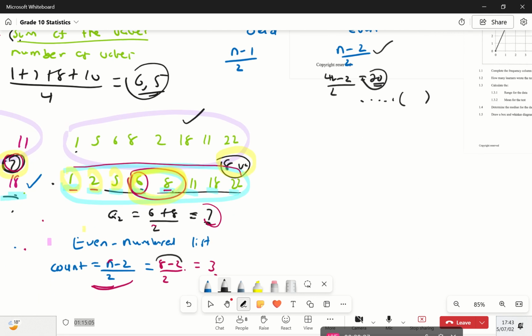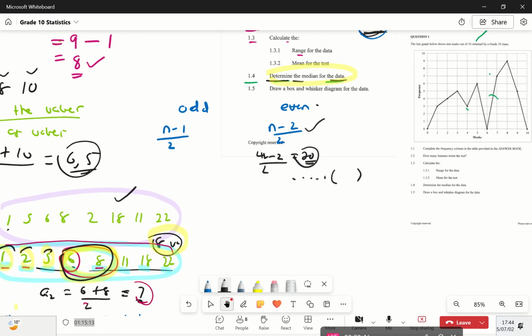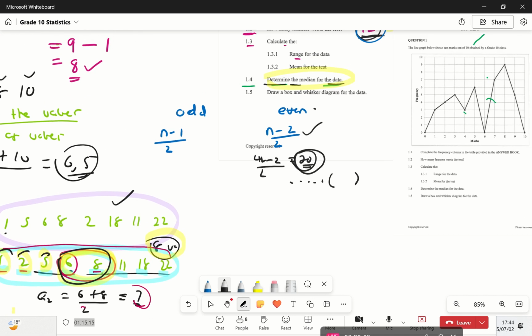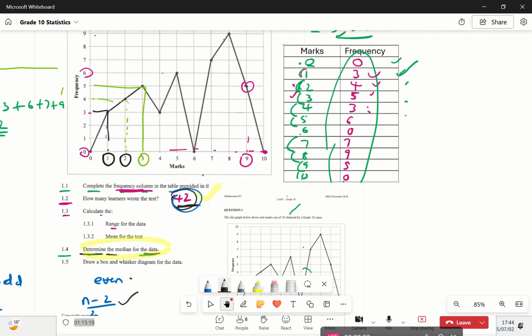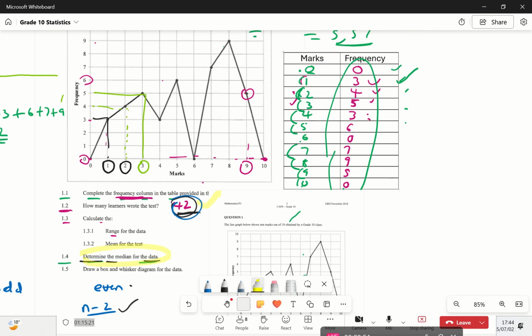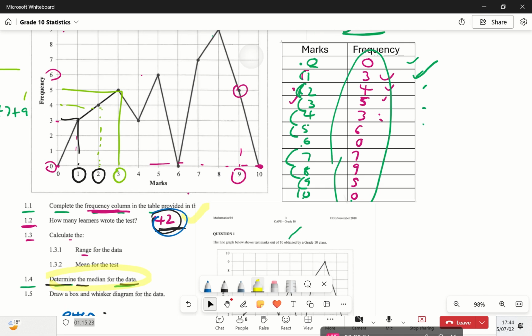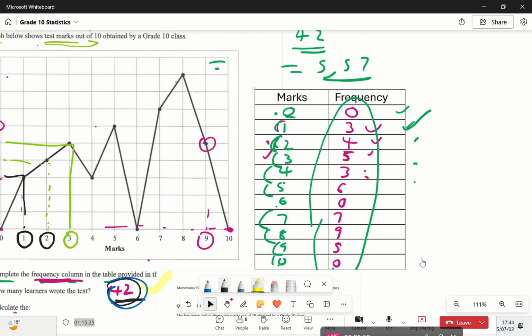The same way, when we applied this formula earlier, we got an answer of 3. We counted 3 times, 1, 2, 3, and then the next 2 numbers are our median values. So now let's count 20 times until the median values. We're going to use our diagram to do so, or you can even use the frequency table. When you add these two, you get 7.